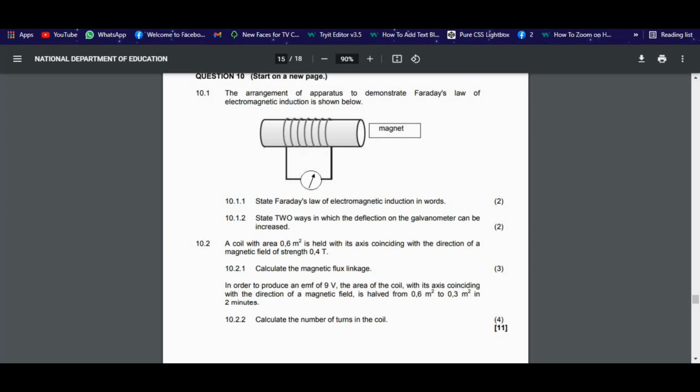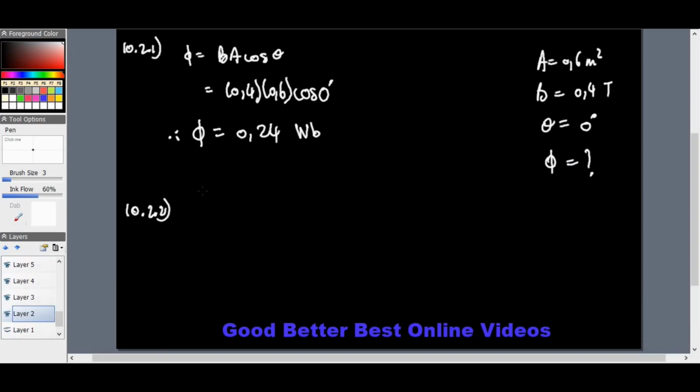we're going to have the new magnetic flux: 0.4 times 0.3 times cos 0, and we're going to get 0.12. So basically, the magnetic flux is halved, since the magnetic flux is directly proportional to area as well. So half the magnetic flux is going to equal 0.12 Webers.